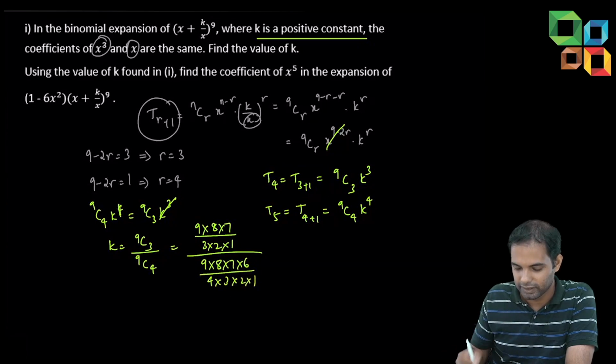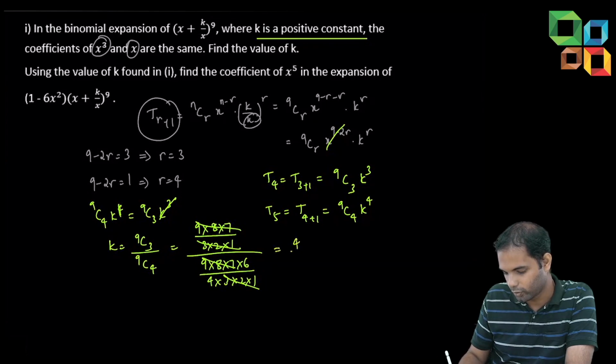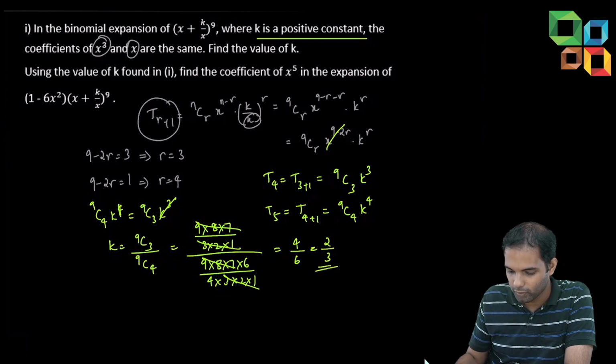I can cancel the denominators and the numerators like this. All that remains is 4 by 6, or nothing but 2 by 3. So k is equal to 2 by 3.